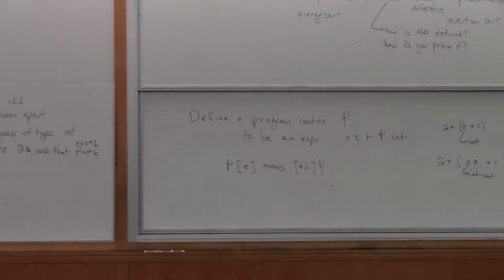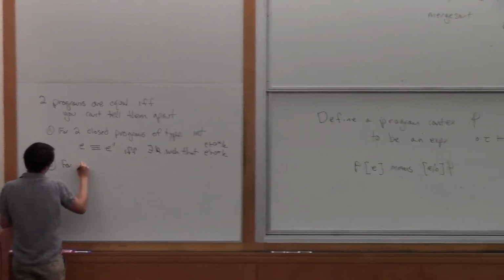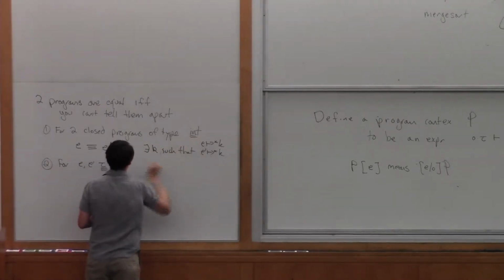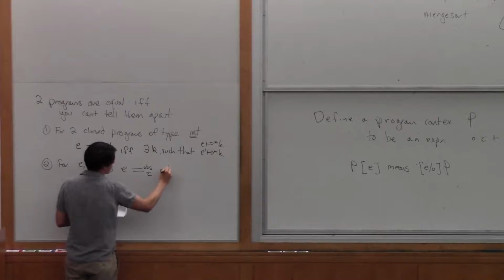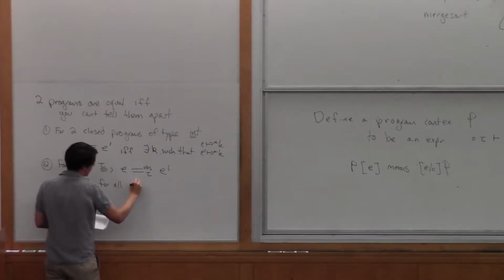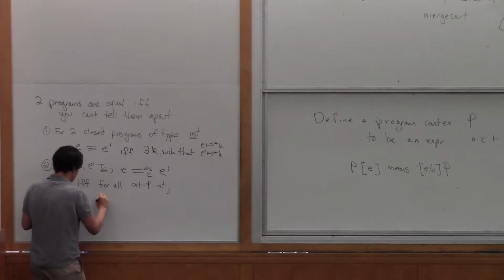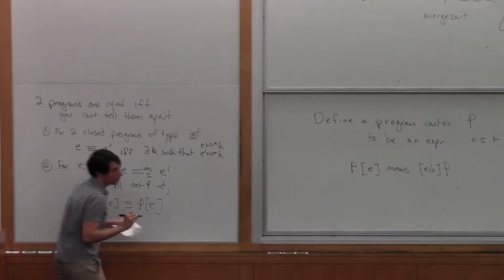So now the idea of two programs being equal if you can't tell them apart is that for E and E prime of type tau in general, not just int, E is going to be what we'll write as observationally equal to E prime if and only if for all program contexts P, where the hole has type tau and P has type int, P filled with E equals P filled with E prime.